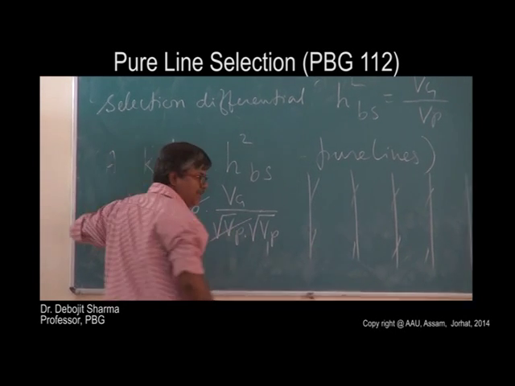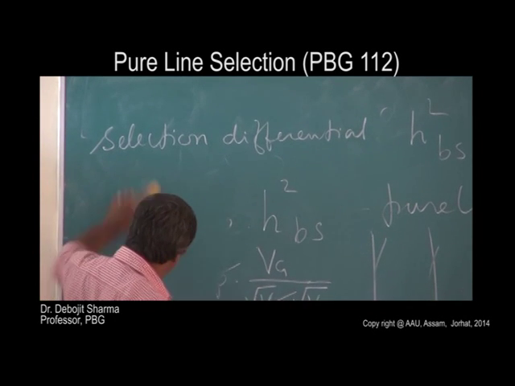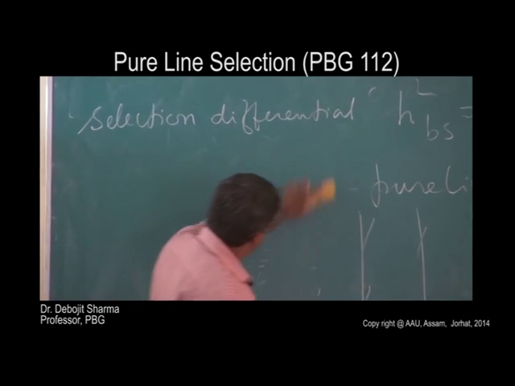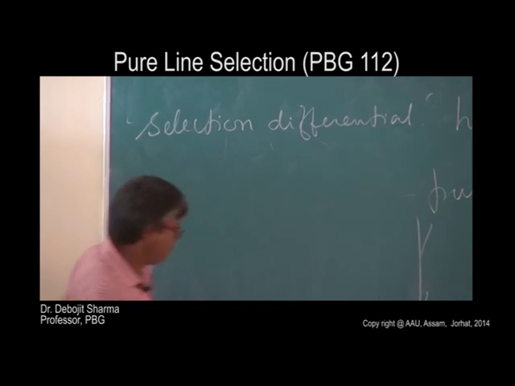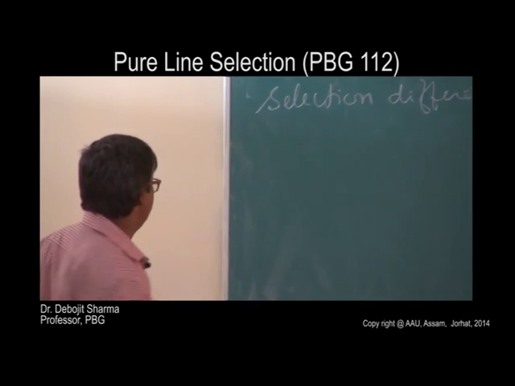K is nothing but the standardized selection intensity. Standardized selection intensity is the selection differential. So at different selection intensity, we can work out the selection differential.